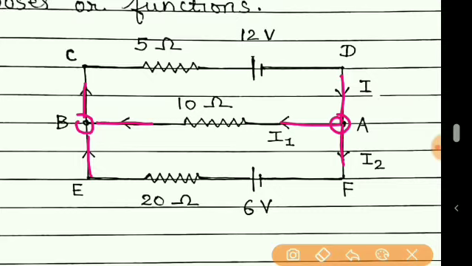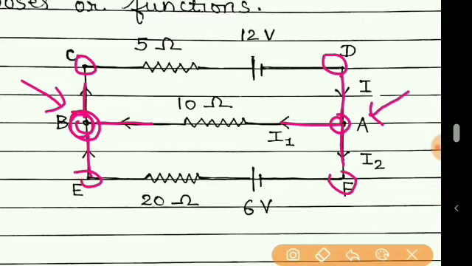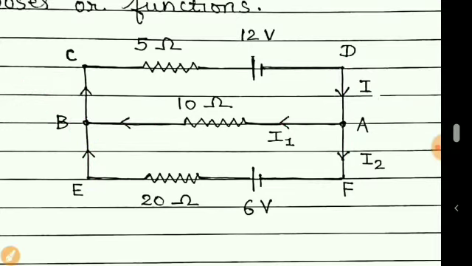So whenever you can see this type of points where 3 or more than 3 wires are meeting, then that point is called the junction point. Here this point C, D, F, E, they are not the junction point, because you can see that here at point C this wire is simply turning on the right side.